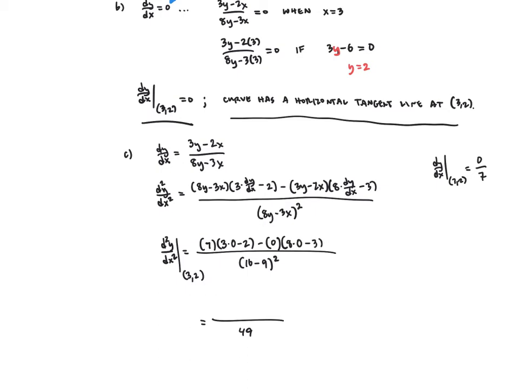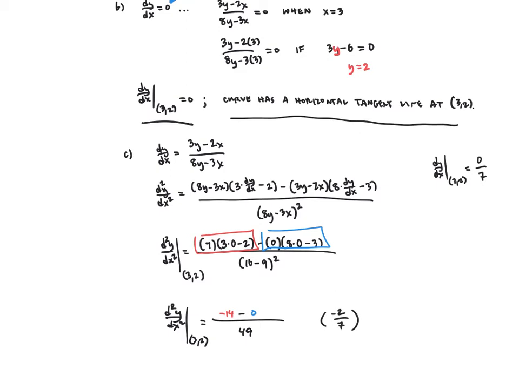Okay, so what we're going to end up getting is this first term comes out to be negative 14. We're going to be subtracting the second term, which comes out to be 0. So it looks like the second derivative located at 3, 2 comes out to be negative 2 over 7.